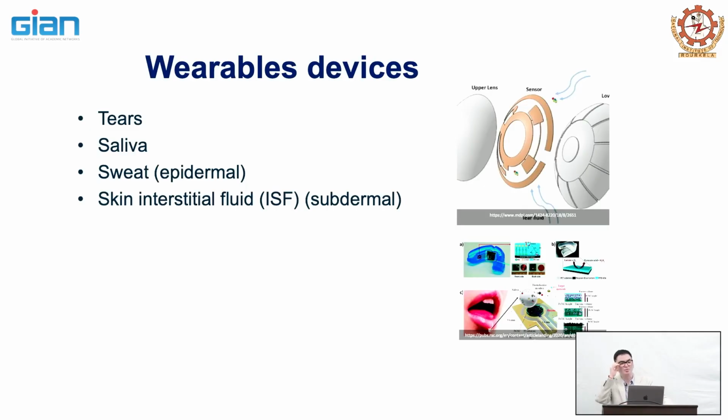Okay, so now we move towards wearable devices. In wearable devices, one of the things we saw is that there are different types of biological sample matrices that allow you to have wearable devices. You can have tears, saliva, sweat, or skin interstitial fluid. We focus mainly on epidermal and subdermal devices.